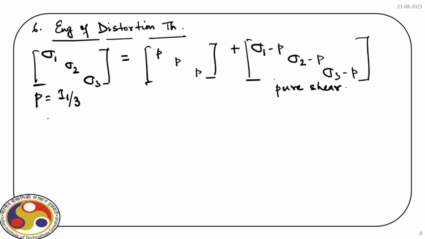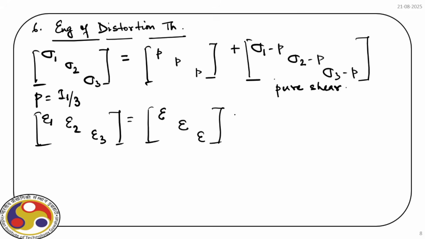Okay. Now, corresponding to strain also, we can write down the expression. So, it will be epsilon 1, epsilon 2, epsilon 3. And on the right hand side, we'll have, say, epsilon, epsilon, epsilon plus epsilon 1 minus epsilon, epsilon 2 minus epsilon, and the third one, epsilon 3 minus epsilon, right?